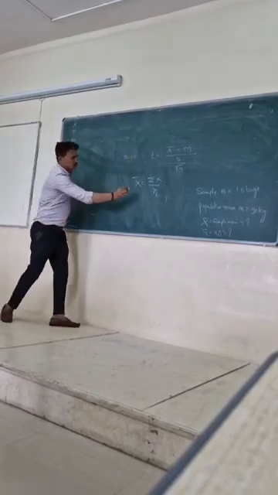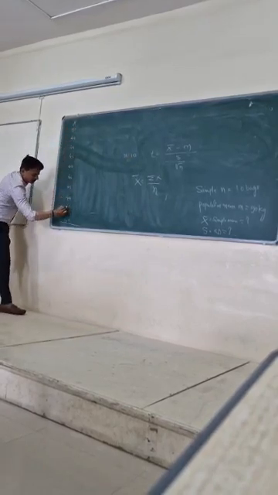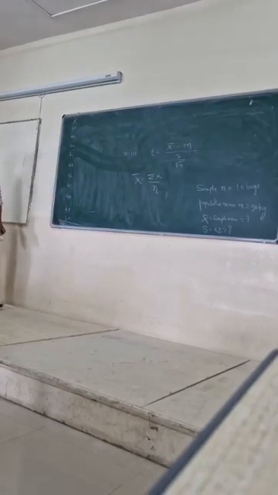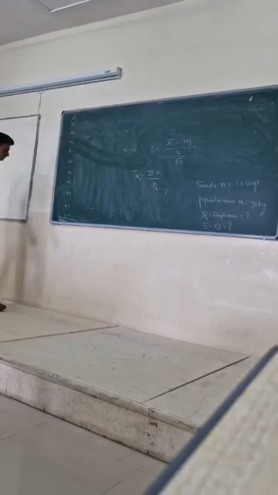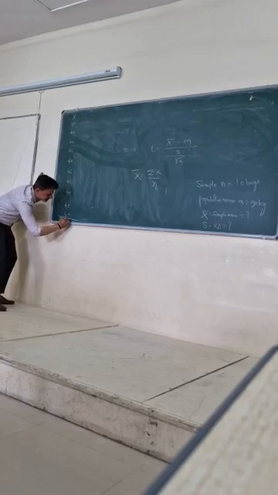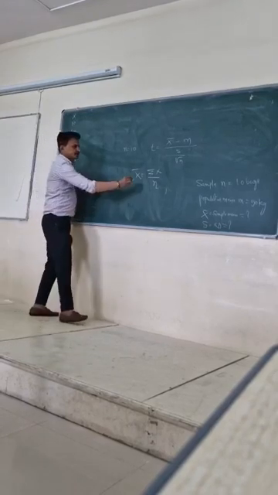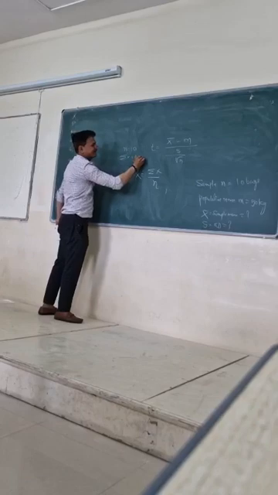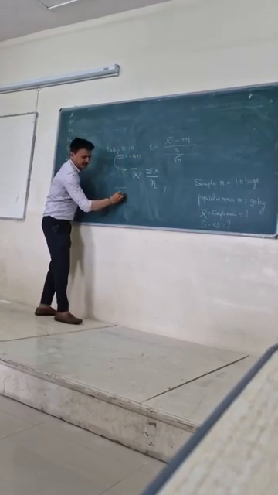Right? Now we have to get the summation of X. So we have to add all these X values. What is the summation of X? Add all these 10 values and you will get 473 as the total summation of X. These two data we put in this formula and we get X bar.